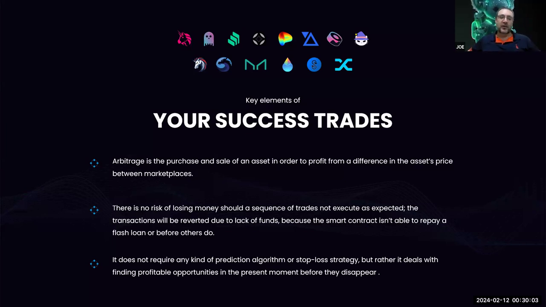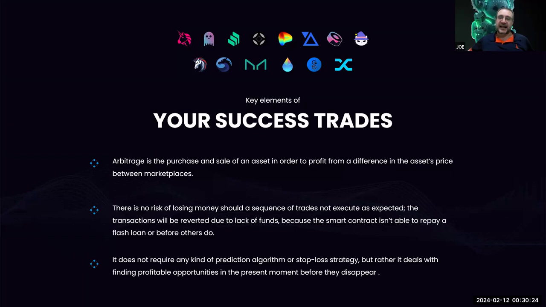It does not require any kind of prediction algorithm or stop loss strategy. And that can be very difficult to program in. What sort of stop loss? And listen, as an individual trader, the odds are stacked against you. You've got these huge companies that trade millions and millions of dollars every day, and they see every single trade that's there ready.